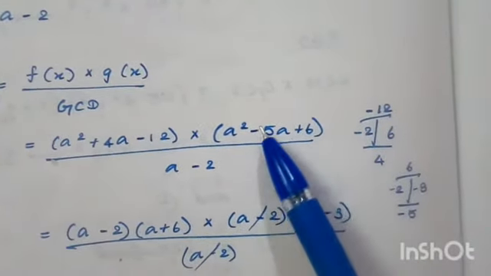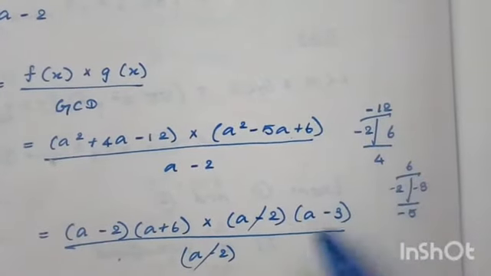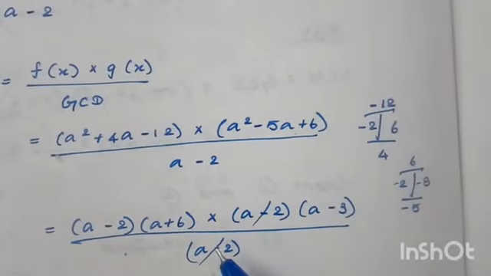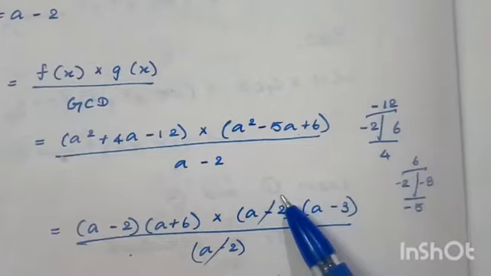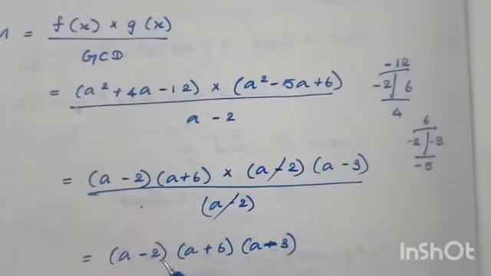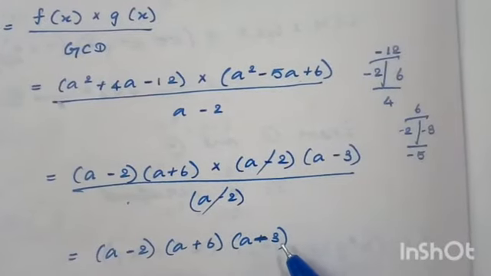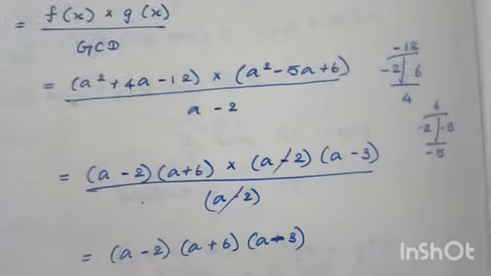For the other, (a minus 2) into (a minus 3). Using this, write the factors divided by a minus 2. Since all of it is a product, cancelling is possible, so cancel a minus 2. After cancelling we have (a minus 2) into (a plus 6) into (a minus 3). So this is the LCM.